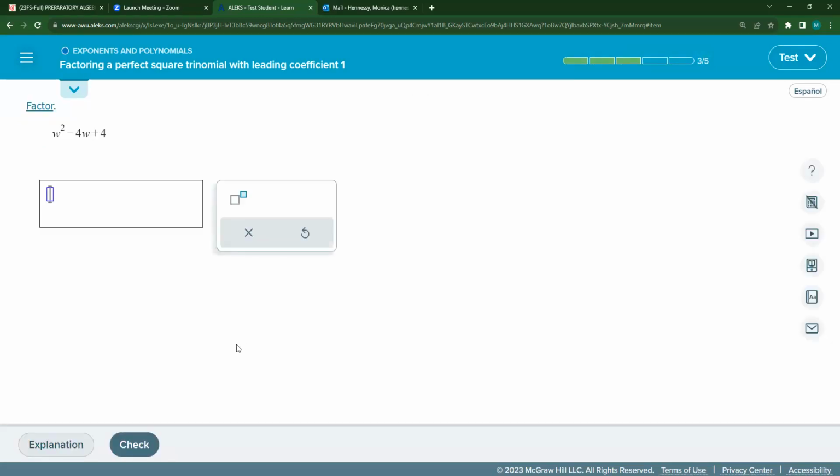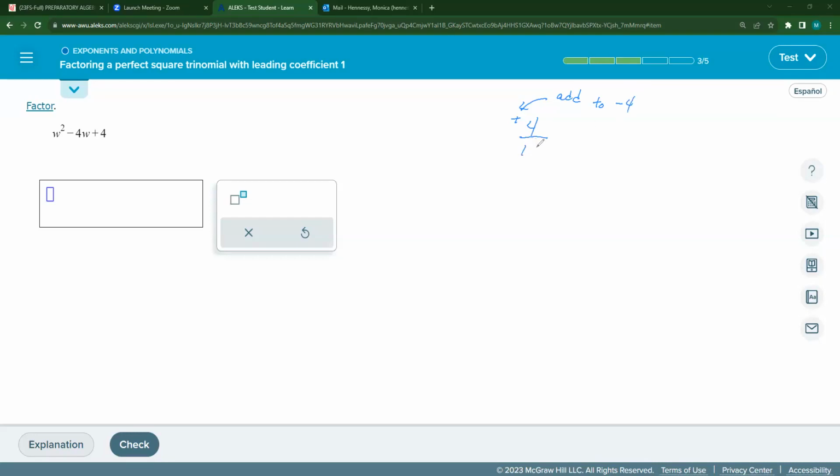All right, so this time we have a negative in the middle. So this is done the same way. We have the first times the last, so 1 times 4, which is 4. It's a positive 4. So they have to add to the middle term, which is a negative 4.